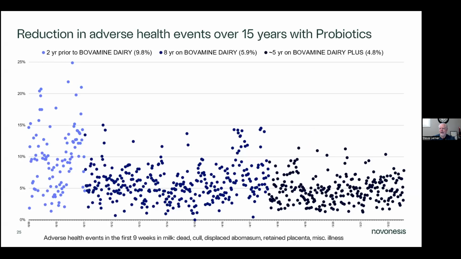So early in milk, they would have problems where the animals could die, they would need to be culled, they would have a displaced abomasum, a retained placenta, or some miscellaneous illness.